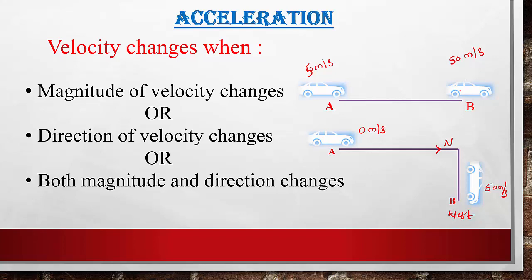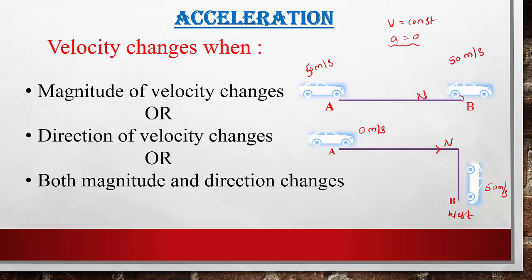Similarly at point B it has the same velocity, the same magnitude, 50 meter per second, and both at point A and B it is along the north direction, the same direction. Now we can say that the velocity of this vehicle is constant. There is no acceleration. When velocity is constant, acceleration is zero. Acceleration is zero means there is no change in velocity.